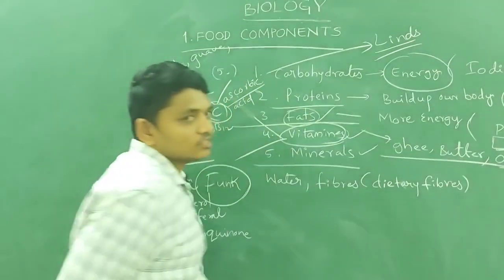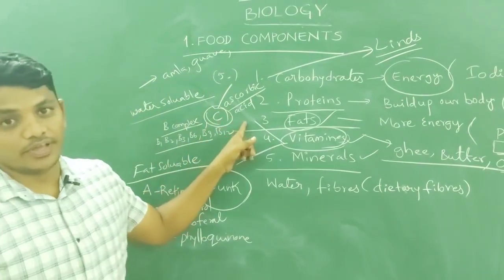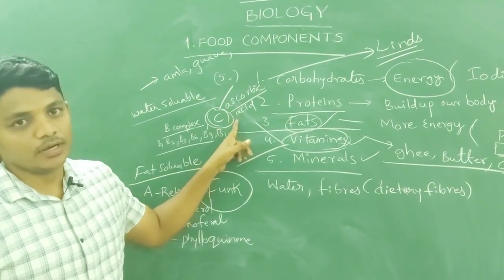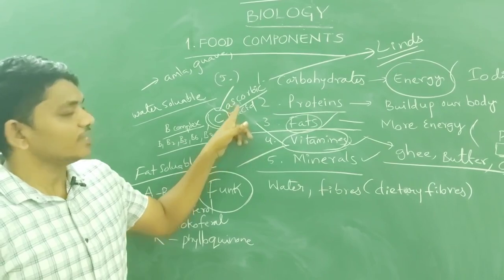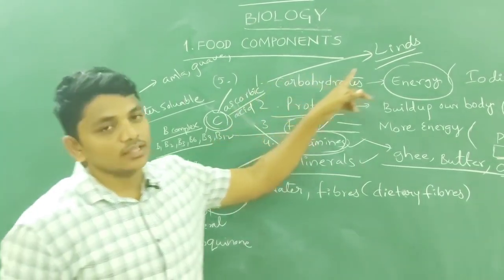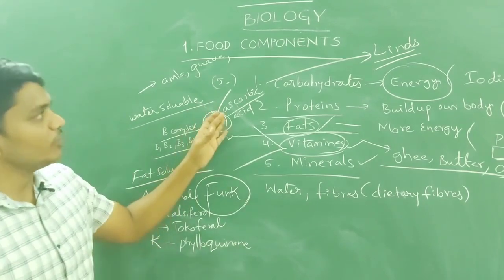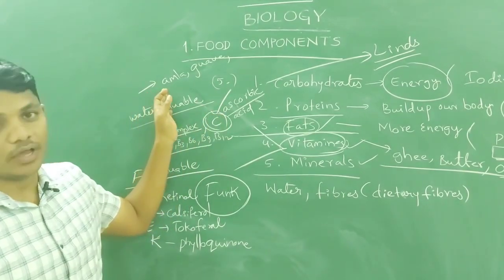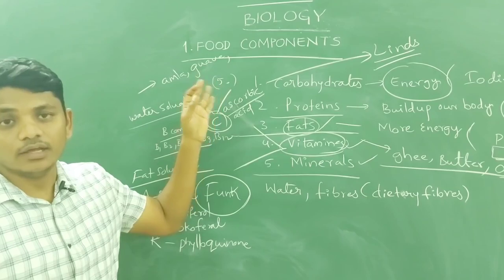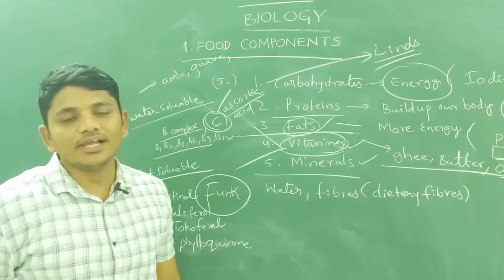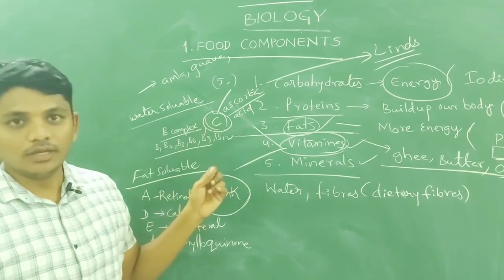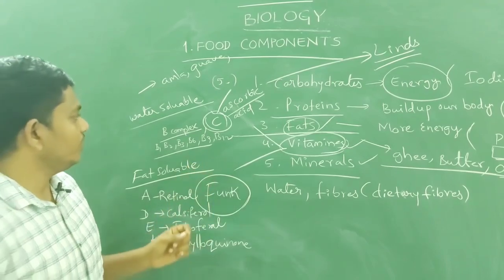Linz is a scientist who discovered ascorbic acid. So pulpy materials contain C vitamin in very rich quantity, right?